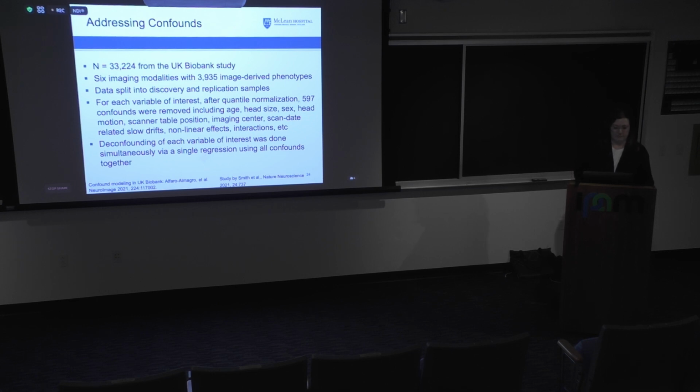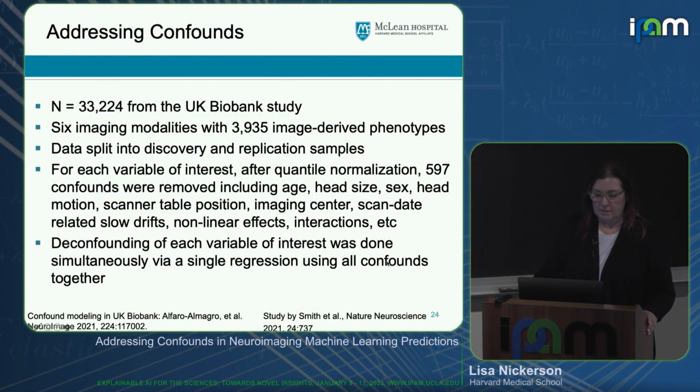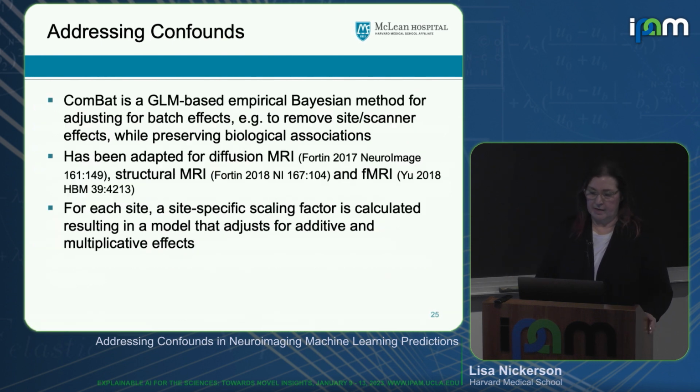So quite a vast set of confounds there. Deconfounding of each variable of interest was done simultaneously via a single regression for each image-derived phenotype using all confounds together. I think you may guess that that probably removes some signal of interest too. But large sample sizes, imaging GWAS. So this is how they handled it.